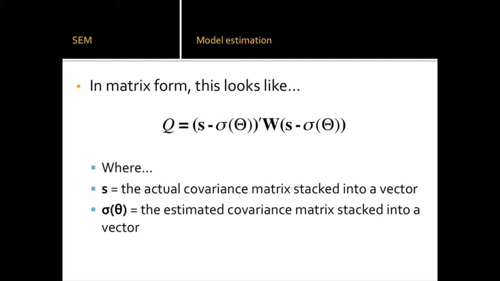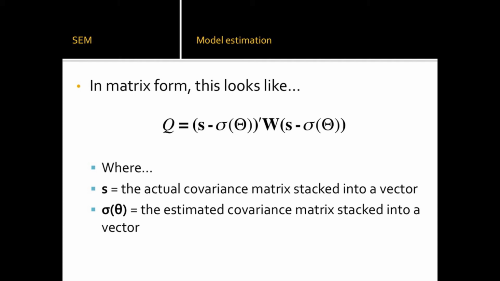And then when you subtract in matrix form, you're subtracting basically an S from a Greek letter, or a Greek letter from an S, in this case. And we're taking the transpose and then multiplying it by itself on the other end there. So that's sort of like taking it and squaring it. And that's essentially what we're doing with chi-square, right? We're taking observed minus expected and squaring it.